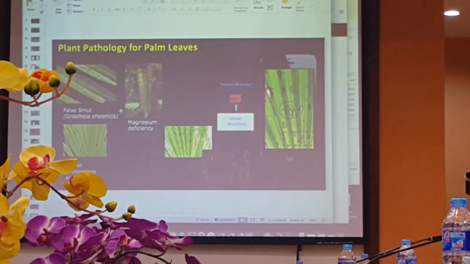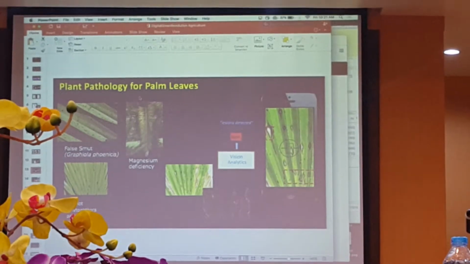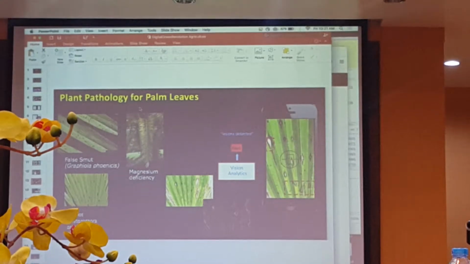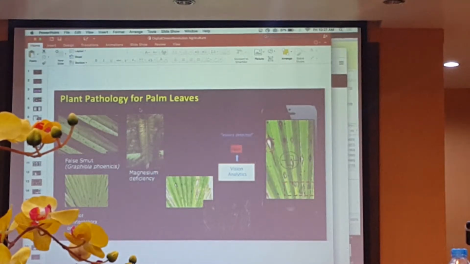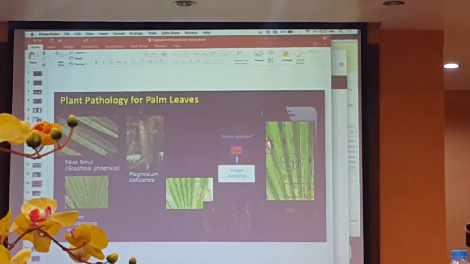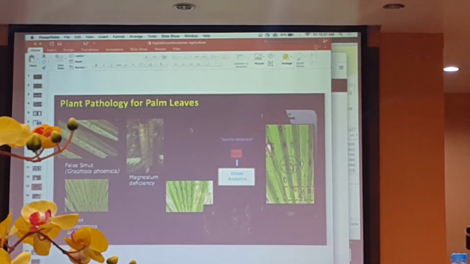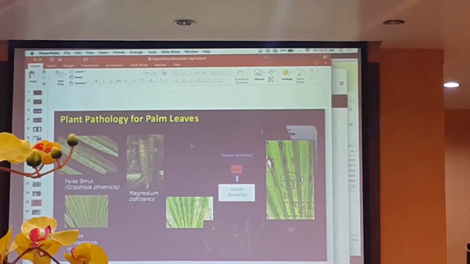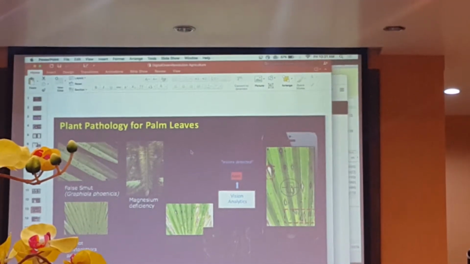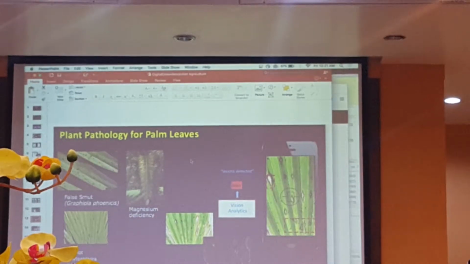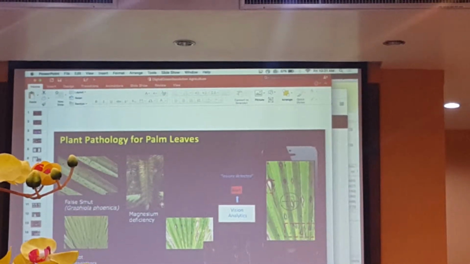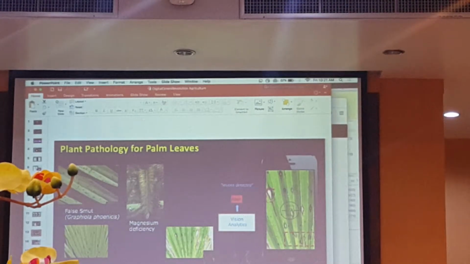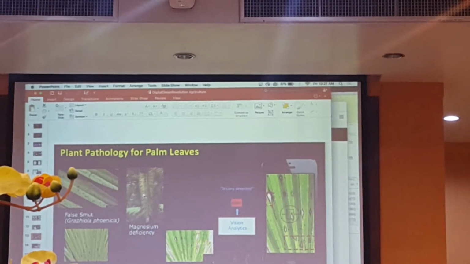I wanted to draw your attention also to the visual analytics, the power of cognitive computing in this case. Imagine that this system is an expert. This system is an agri expert, and whatever it sees, it is able to analyze in real time and say what is happening with the leaf.